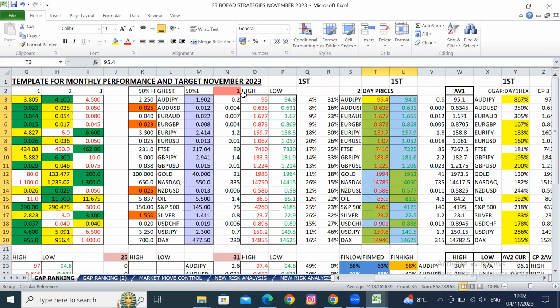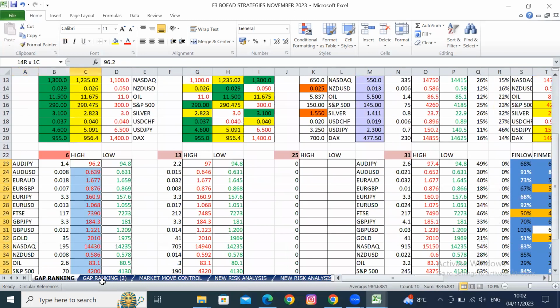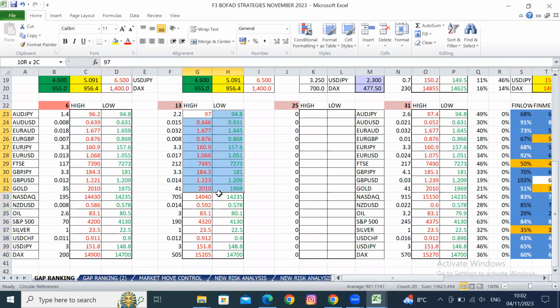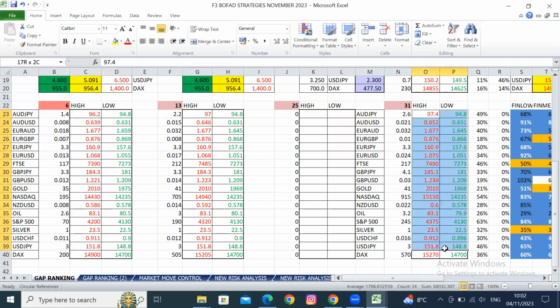This is the first data, position 1. This is the second one. This is the third one. This is the fourth position, fourth data. This is the fifth data. So every month we always have those data in, and this position is for our summary.